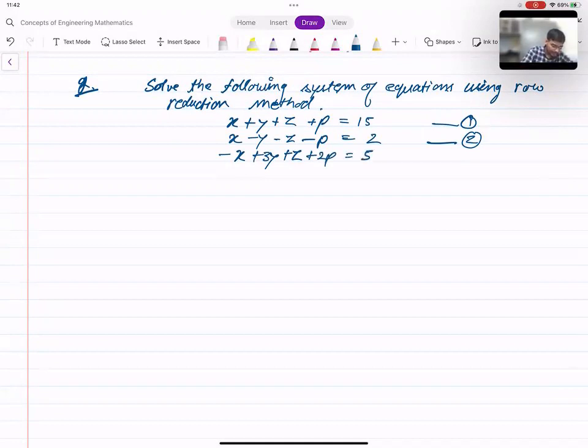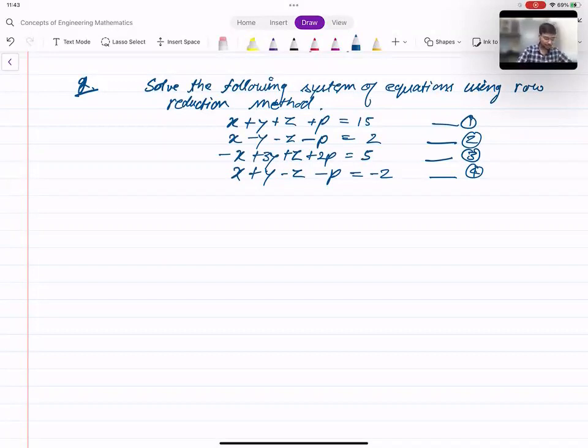And this is the third. And we will have one more equation since this is system of 4 variables. So x plus y minus z minus p equal to minus 2. Okay. So this is the set of equations that we are given with.